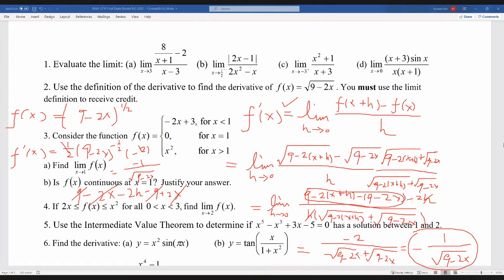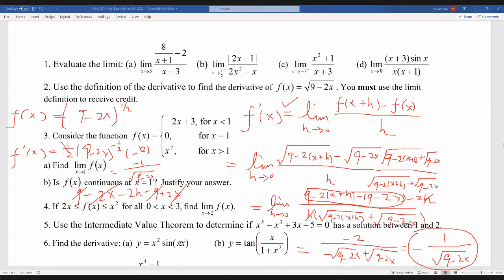You have to use the definition and limit notation. You cannot apply the chain rule for this problem. The instruction is asking you to find the derivative by using the definition, so you cannot use the rules. If you use the rules, you get 0 points.